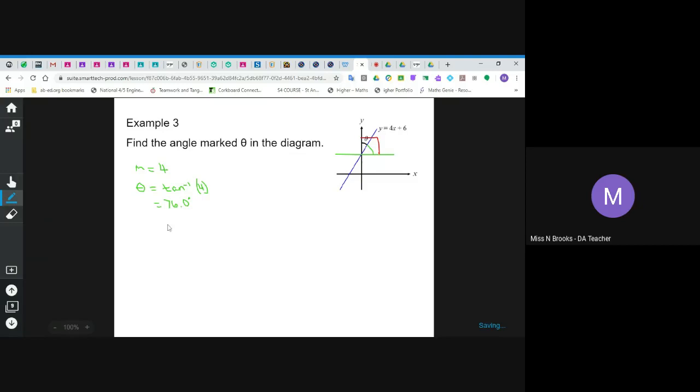So to work out theta, we're going to do 90 take away 76, and that gives us an angle of 14 degrees.